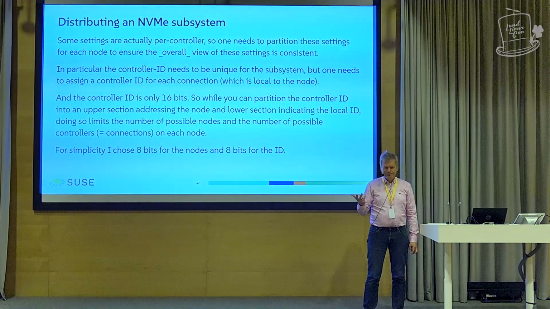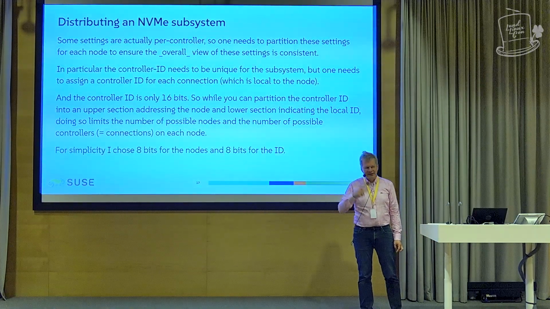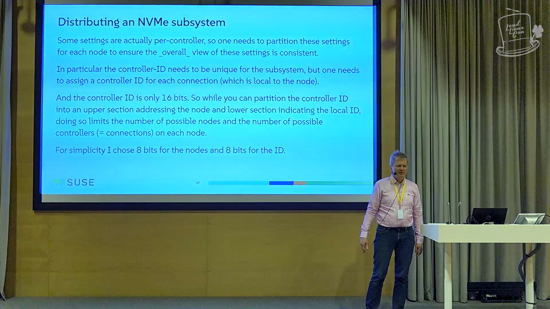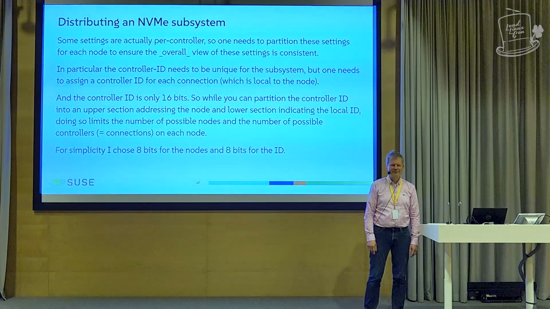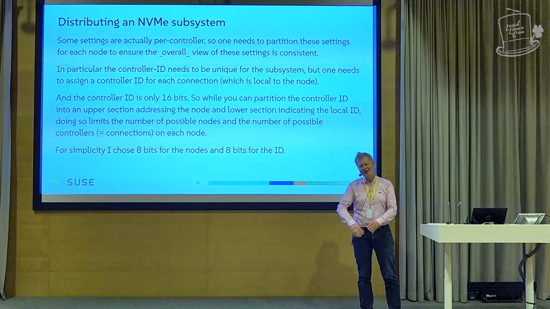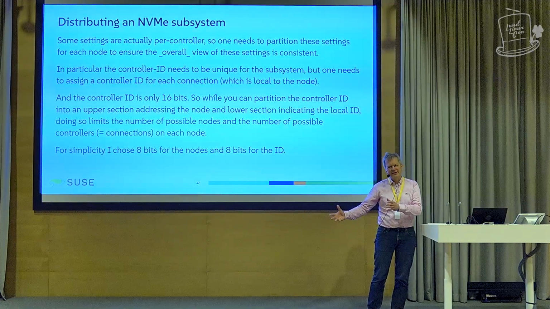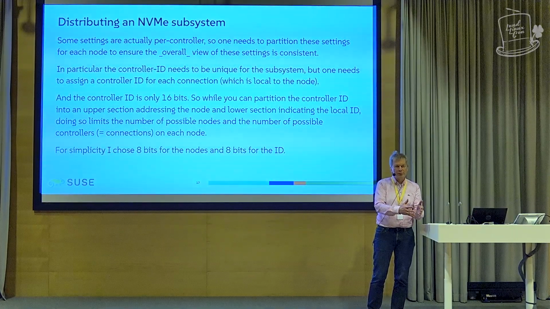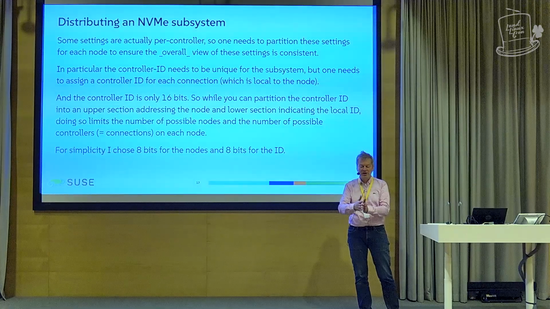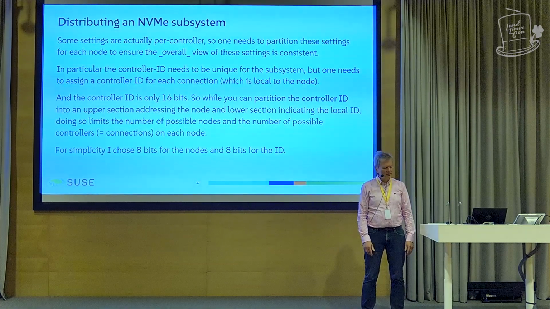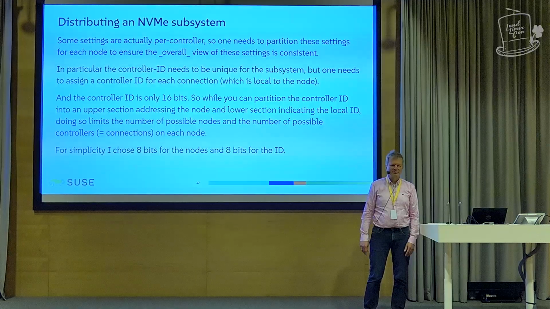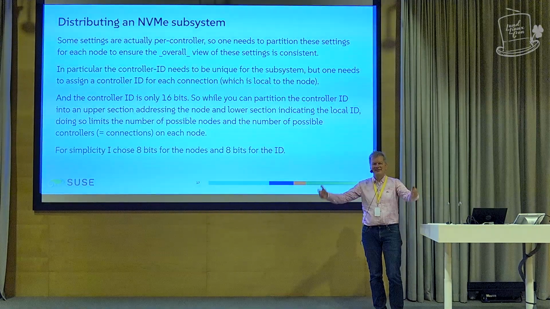With the problem that it's only 16-bit, so when you splice this up, you end up with a very low number on either side. So either you allow for more connections and then drive down the number of nodes, or you have more nodes, but then drive down the number of connections per node. So, all a bit bad, and everyone is complaining about this, but that's the way it is currently.